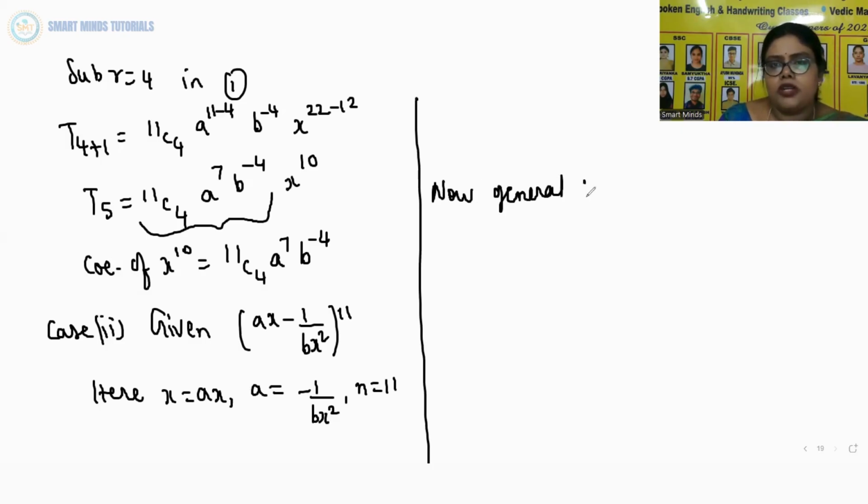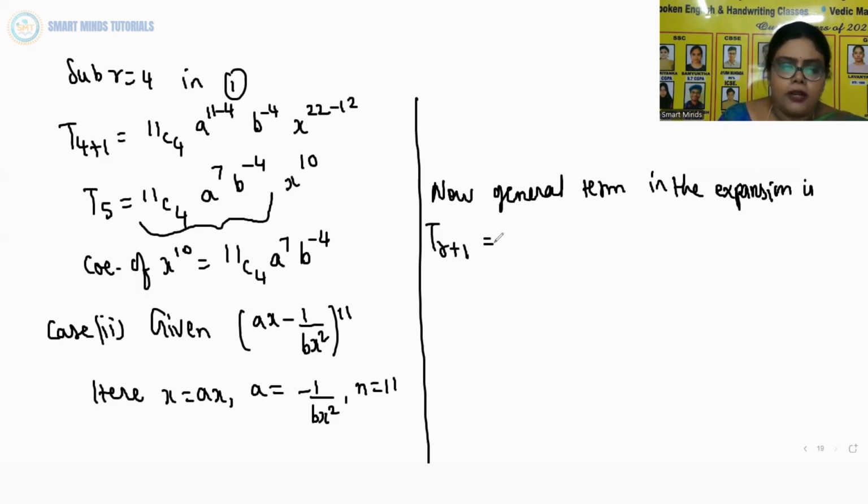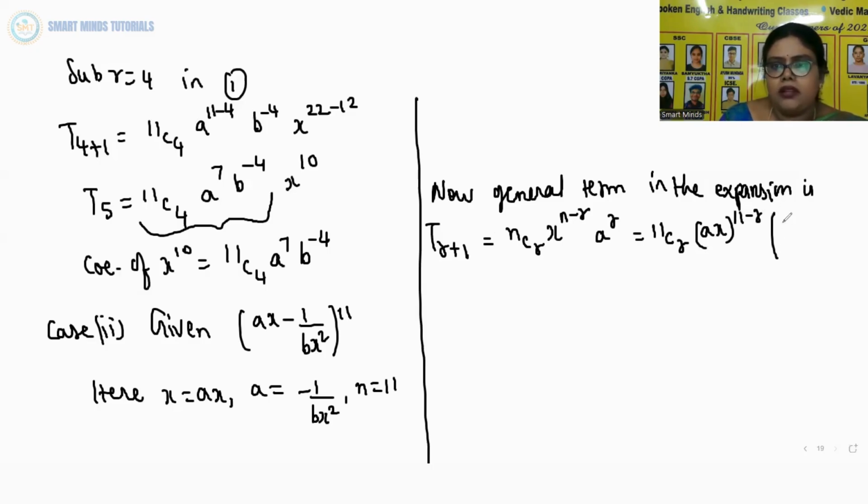Now we will take the general term. So what is the general term in the expansion? It is T r plus 1 is equal to nCr x power n minus r a power r. So that is 11Cr (ax) power 11 minus r into (minus 1 by bx square) power r.